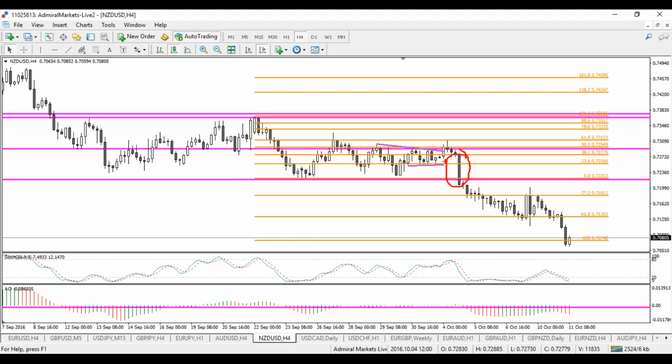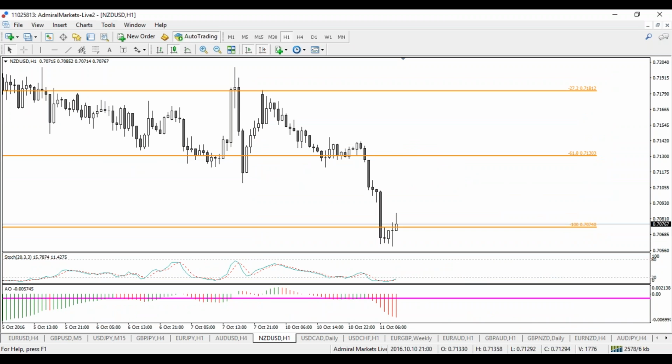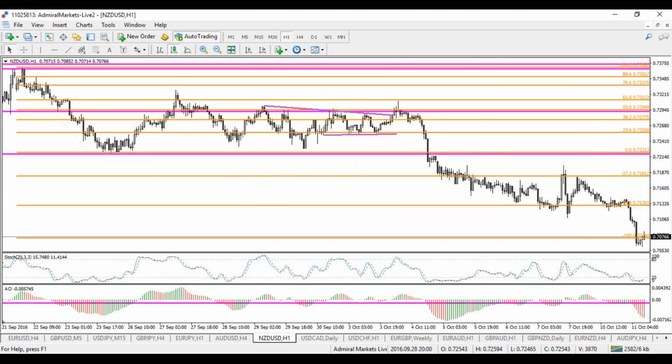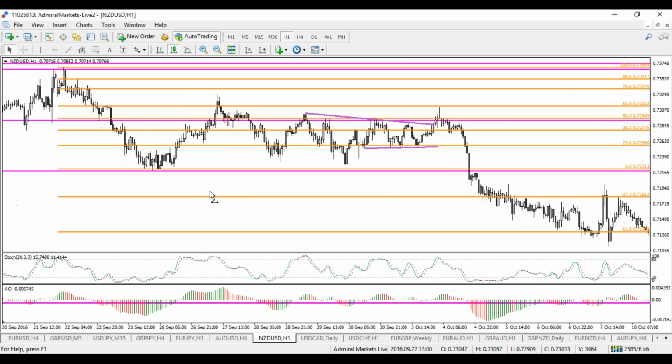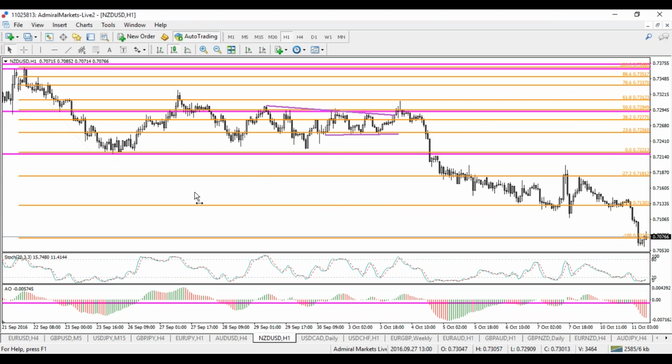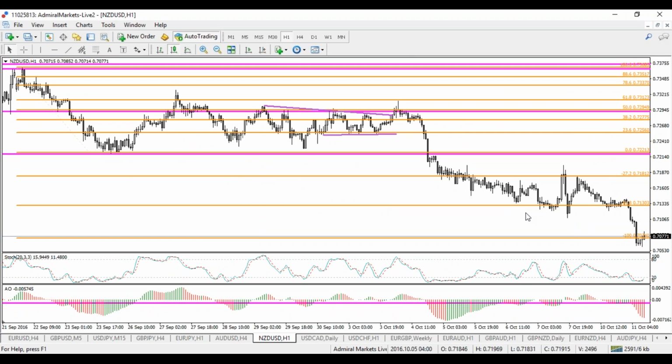Now, if you're looking for a pattern, this is a pattern on maybe a 4-hour chart. You can even see it as a pattern on the hourly chart. So if you're looking for an example of the pattern after the pattern, it depends on what time frame you're looking at. I don't think we had a great pattern here on the hourly, but let's take a look at the 15.